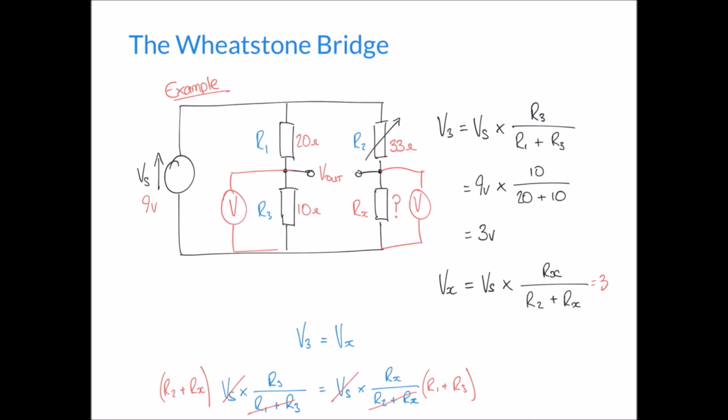We could have set a range of different values, but it so happened in our example to balance at 33 ohms. The other two resistors are known resistors. And so finally, we can plug some of these values for R1, R2 and R3 into our formula, and we can determine the value of Rx. So let's do that to finish with.